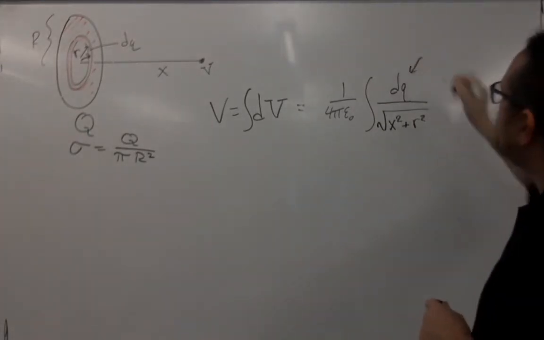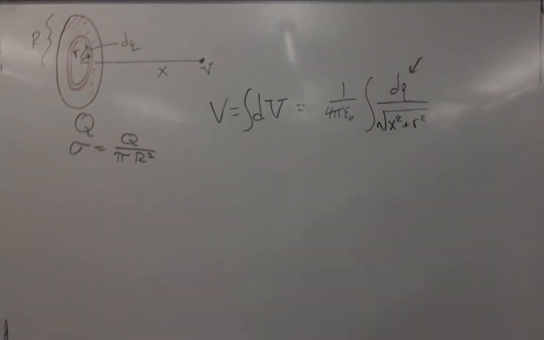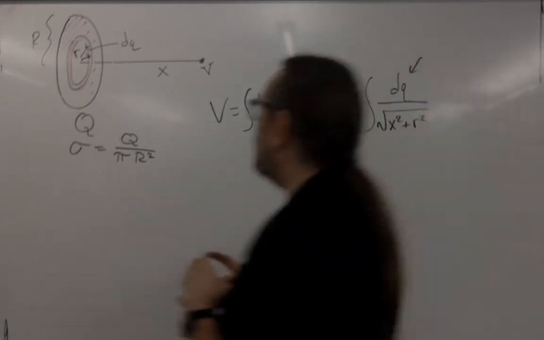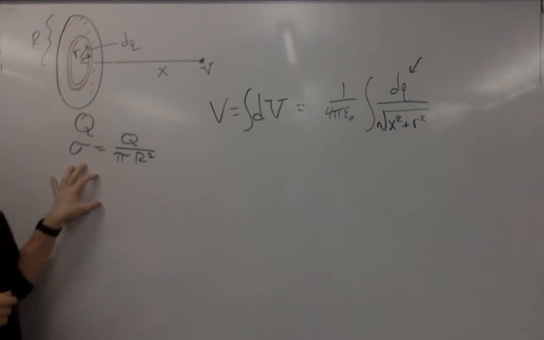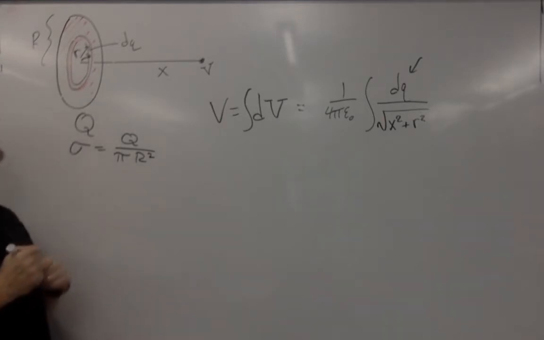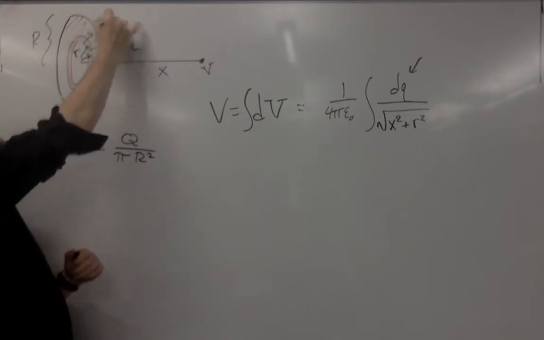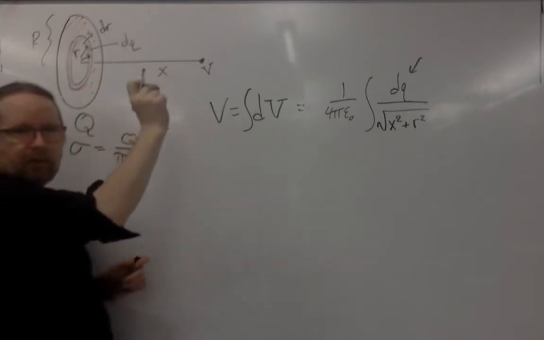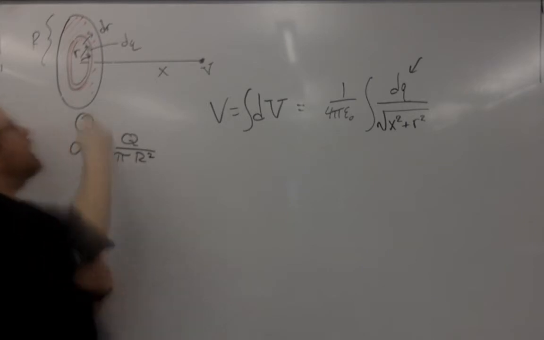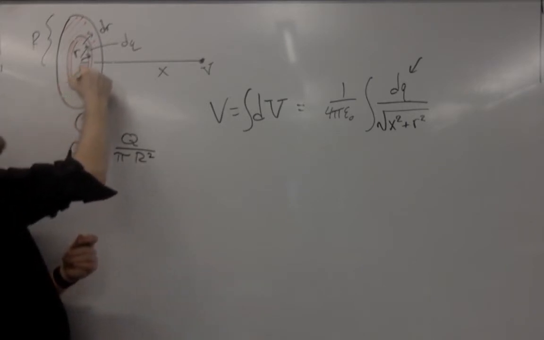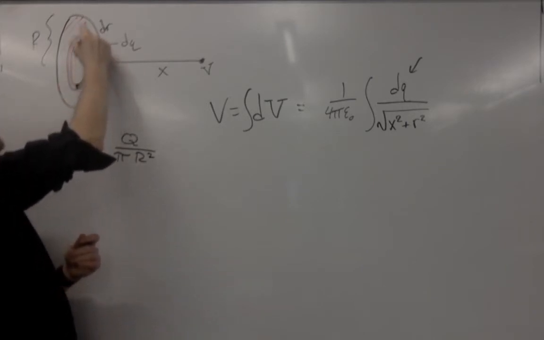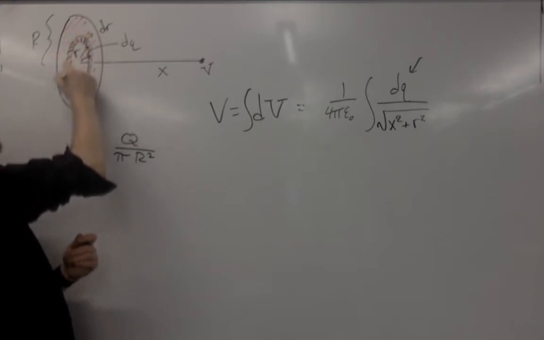The trick to these problems is how to express dq. How do we express this little bit of charge? What is the charge of this ring, this imaginary ring, in terms of the real disk? Well, what are we integrating over? We're going to be integrating dr, right, from the center of the loop out to the edge. What is the area of a loop with a tiny differential element of thickness?